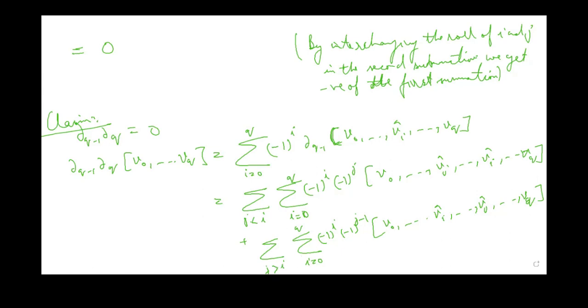So in this summation, if I interchange the roles of j and i, then here we have i greater than j. This sign, of course, we will keep as it is.